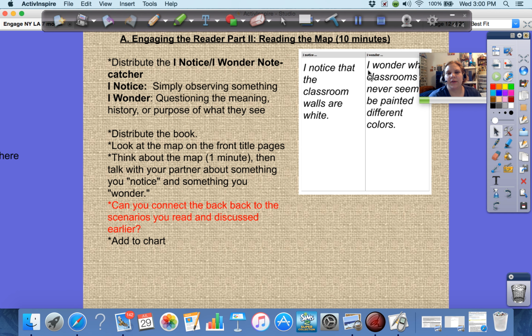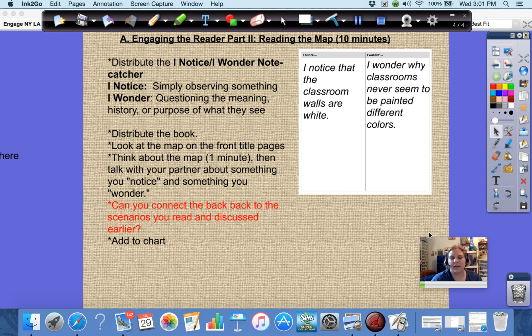It says, I notice, I wonder. So when you notice something, you're just observing it. When you're wondering something, you're questioning it. So, I could say, looking around the classroom, I notice that the walls are white. And then I'm wondering, why do the classroom walls always seem to be white? They're never painted orange or pink or day glow orange.